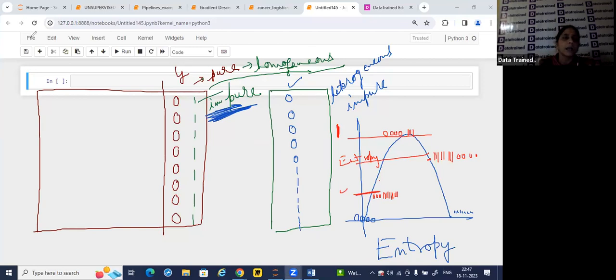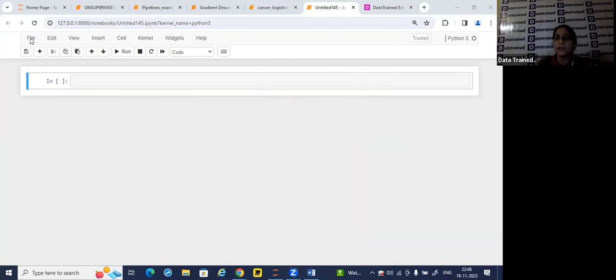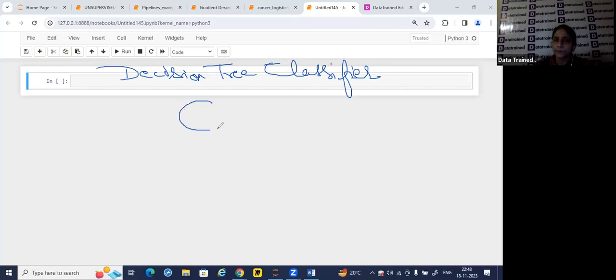Now, when we talk about the decision tree classifier, we have a root node and branch nodes.